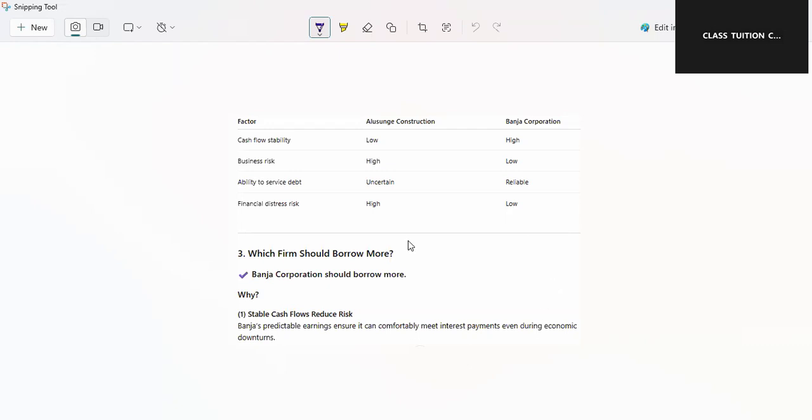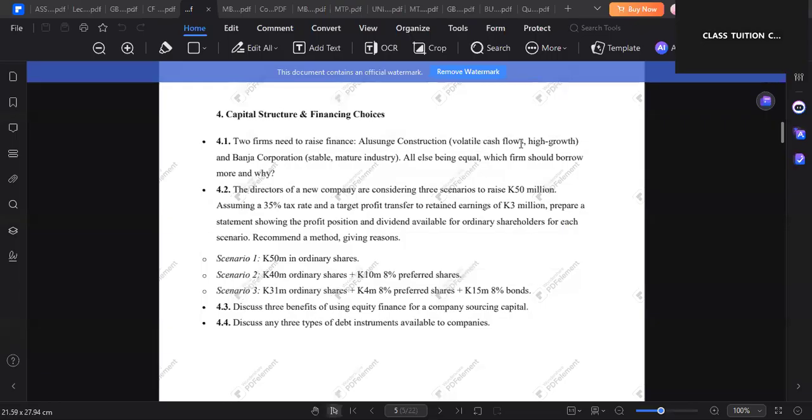So which firm should borrow? Banja should borrow. Why? The reasons are as outlined. Where are we getting those key points? First of all, those of you who are lost, they were given in the question. The question in the preamble says there are two firms. Alusungo has volatile cash flows and is high growth. Banja Corporation is stable, in a mature industry.